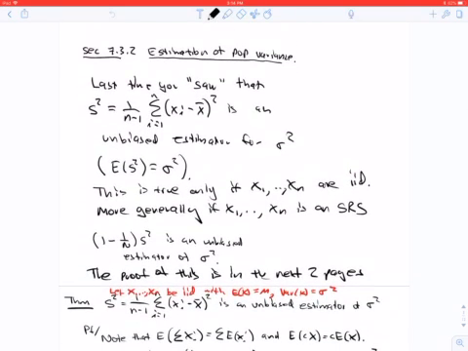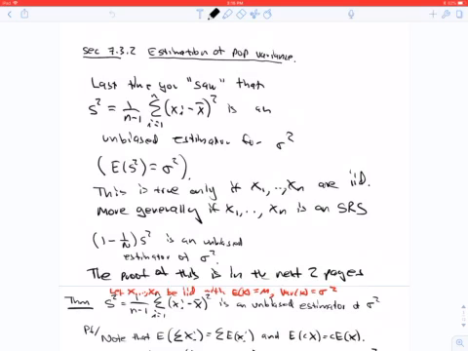So moving on to section 7.3.2, which is the estimation of the population variance. Last time we saw in class that the sample variance is an unbiased estimator of sigma squared. In other words, the expectation of S squared is sigma squared.